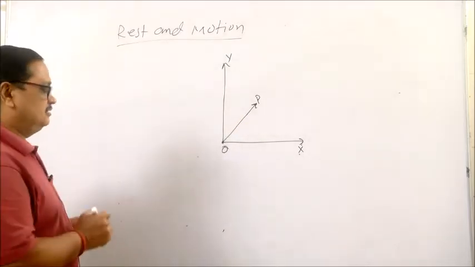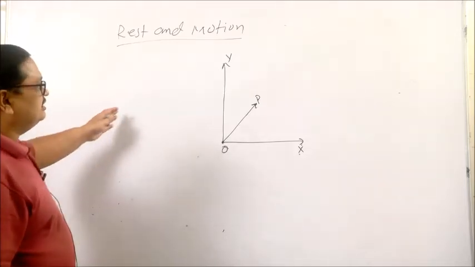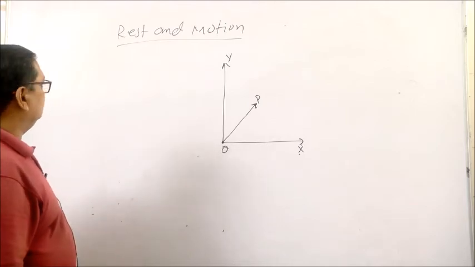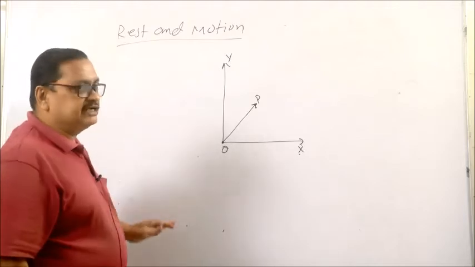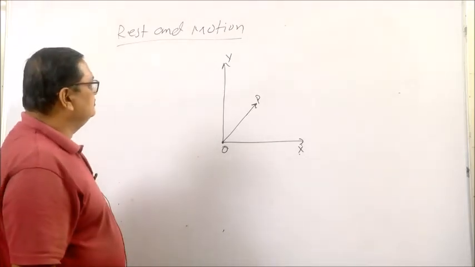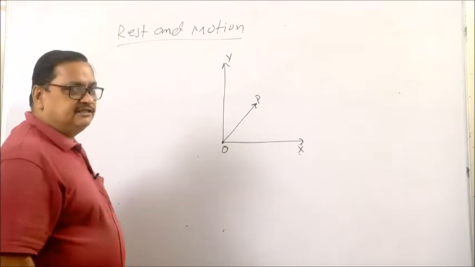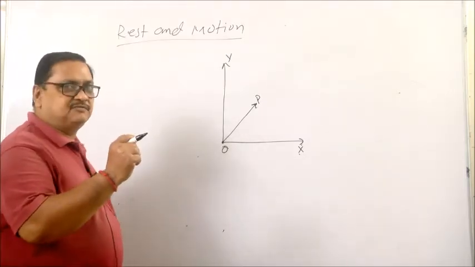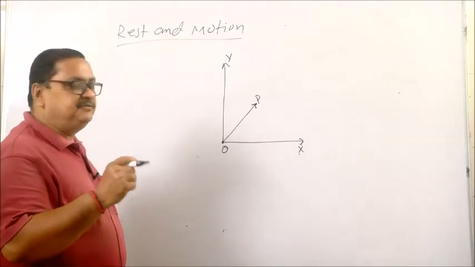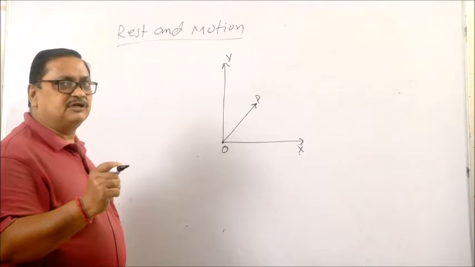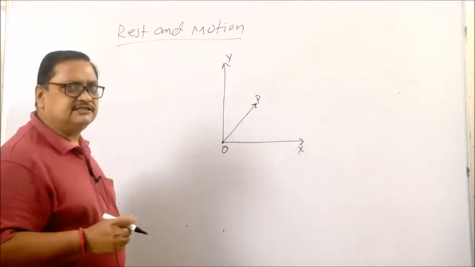Suppose this blackboard or this wall is 2 dimensional, with x axis and y axis. There is a lizard. You take the origin and measure the distance from the origin to the position of the lizard. If it is constant in a particular time interval, then the lizard is at rest.